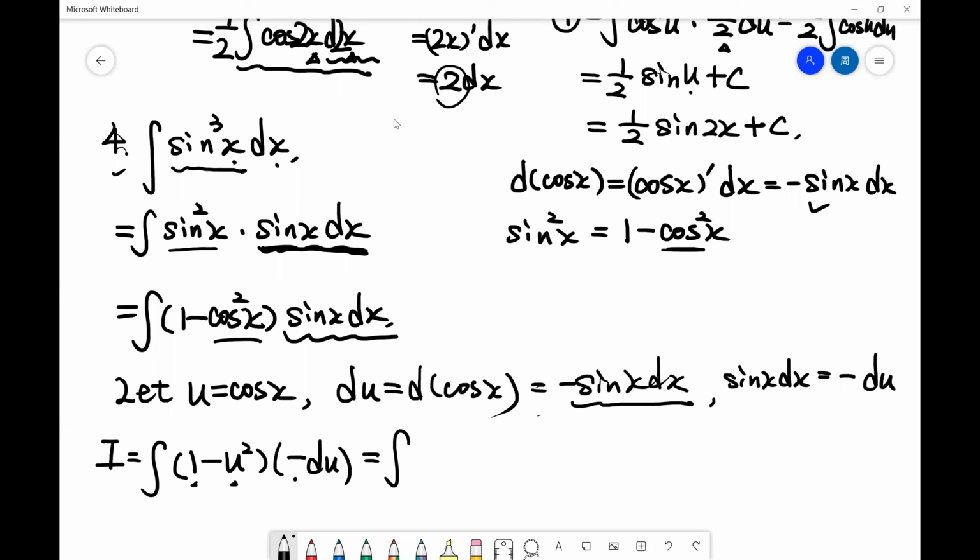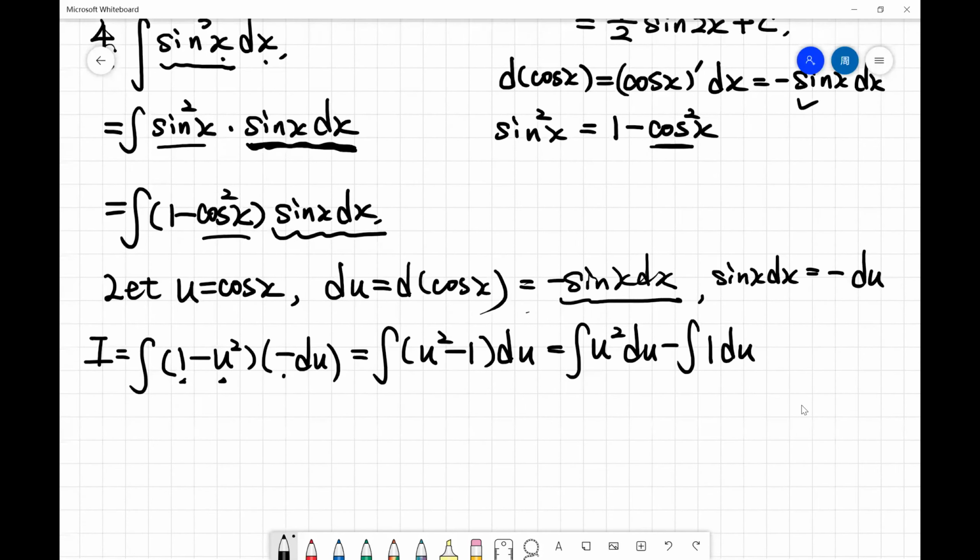So that equals u squared minus 1 du. That can be separated to u squared du minus 1 du, right?